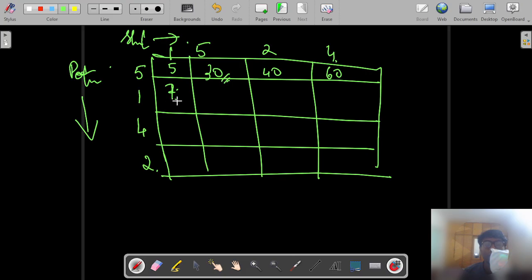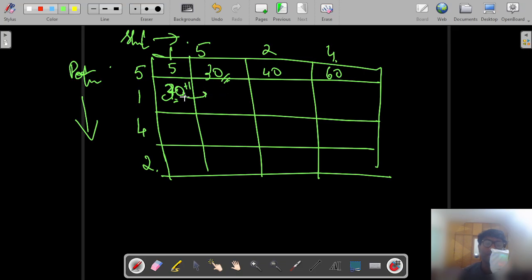So this potion cannot be brewed by the second person until the 30th second. So we might need to wait for this guy to be available. So let's say this guy takes 30 plus 1, 31. So this is where this guy gets available.